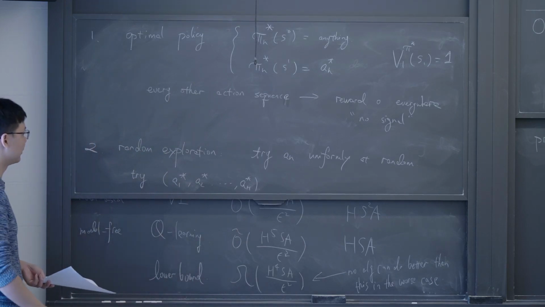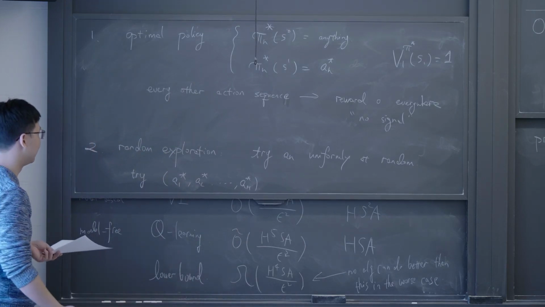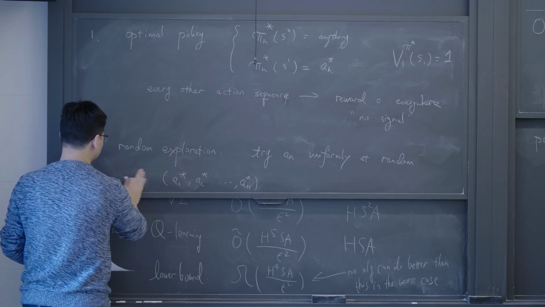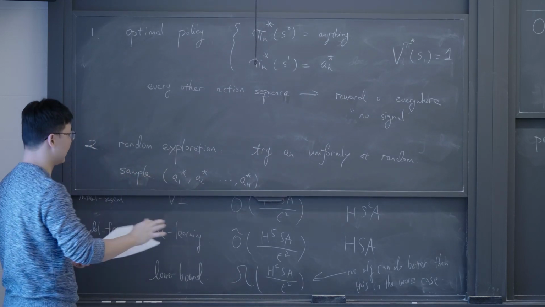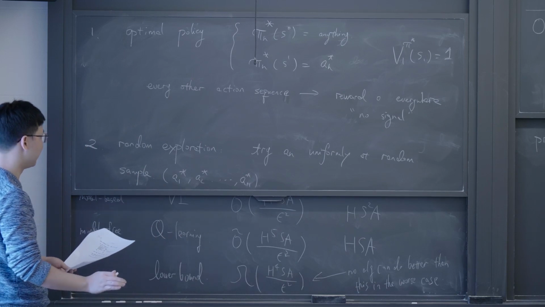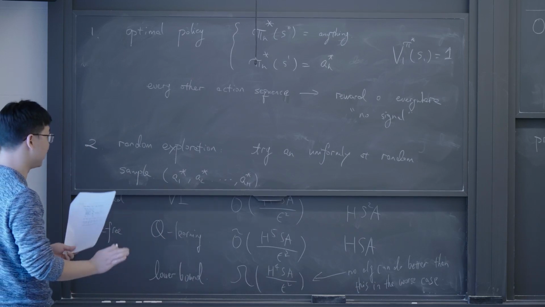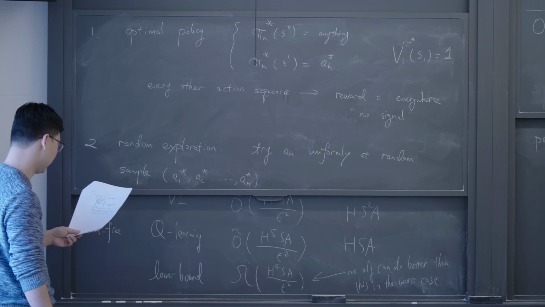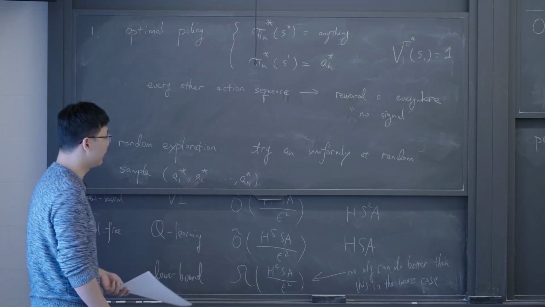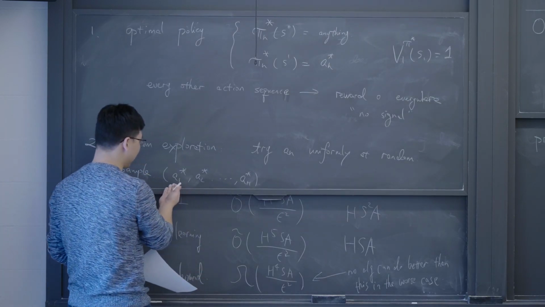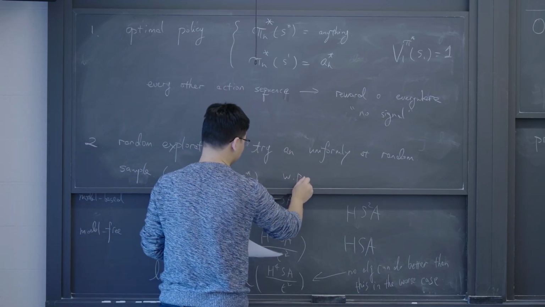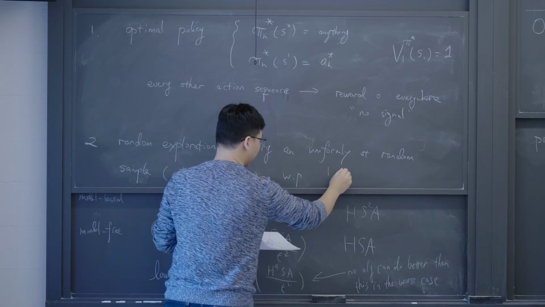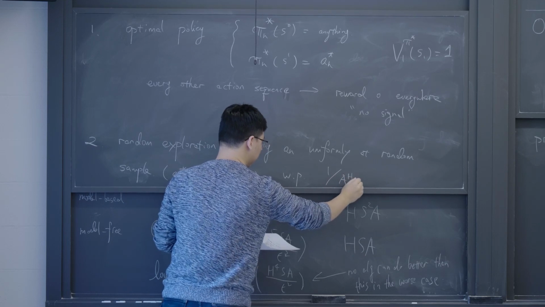Only once it samples this precise sequence will it realize this is the optimal policy and find it. Every time before that, it doesn't know what the optimal policy is. It's not very difficult to compute that the probability of precisely sampling this action sequence is something like 1 over A to the H.